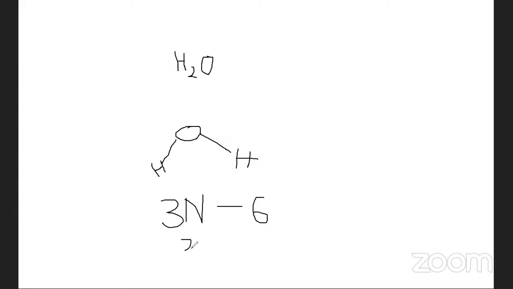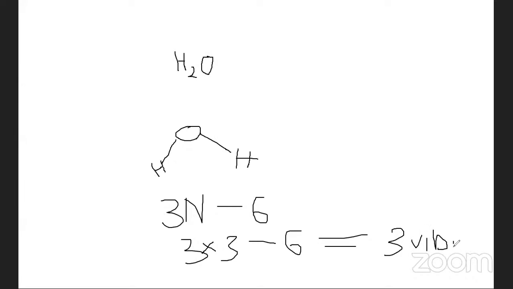That will give us 3 times 3 minus 6, which will be equal to 3. So you have 3 vibrational modes. If you use this formula, you are calculating the vibrational modes.